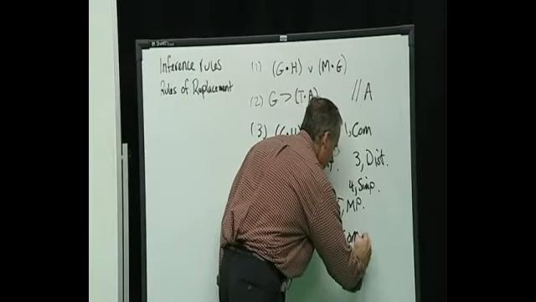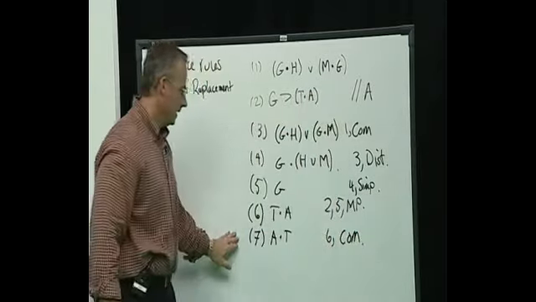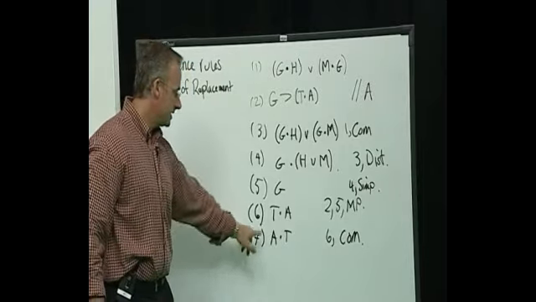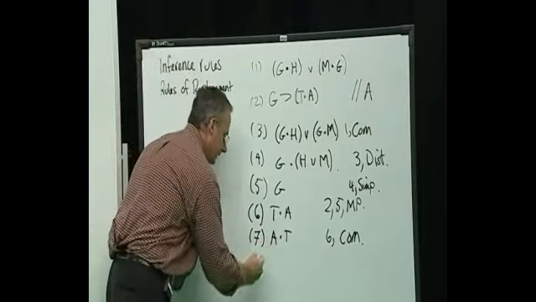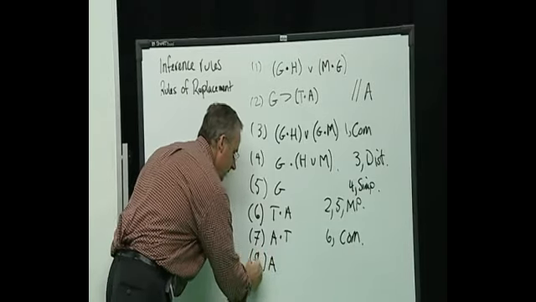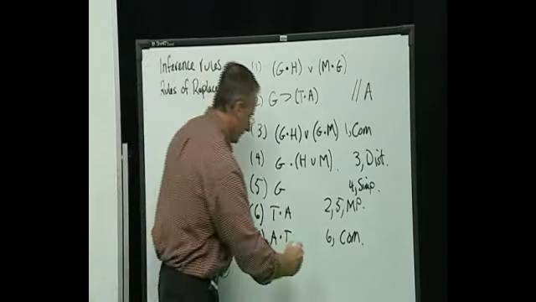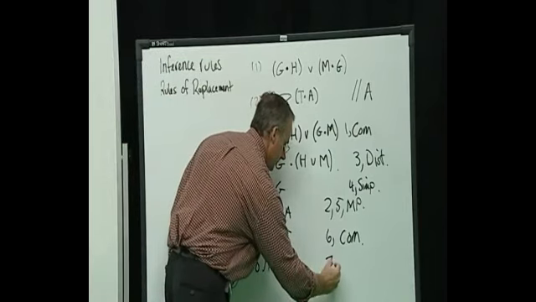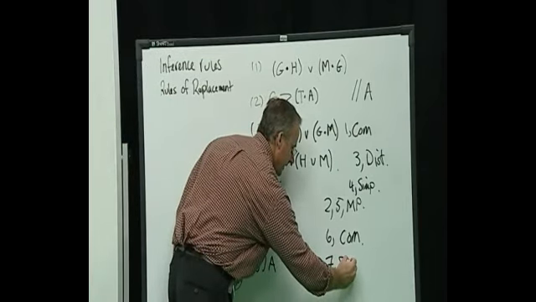So we cite COM as the rule. And now we can simplify out for A. So the 8th line would be A all by itself. And that comes from line 7 and simplification.